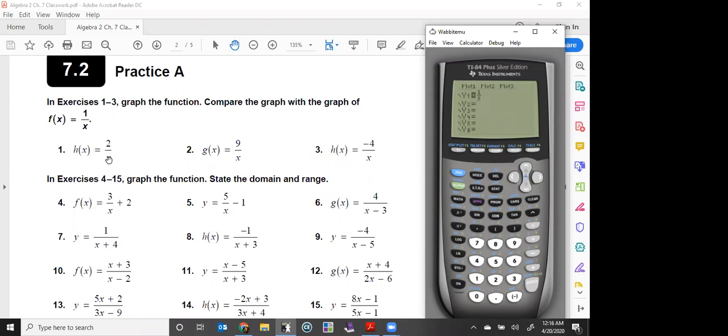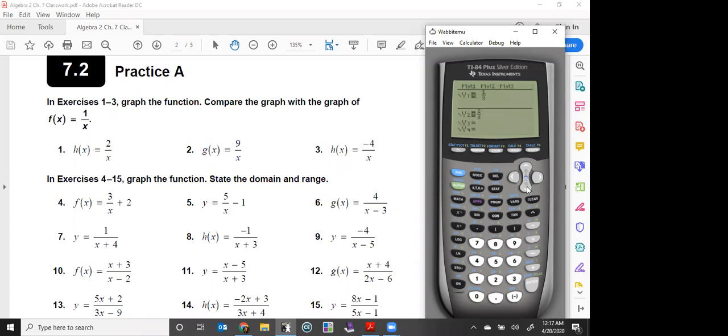Well, let's graph number 1, which is 2 over x. So alpha y equals, enter 2 over x. Graph. All right. So it looks very similar. It's just out a little bit further. So for number 2, what we see is a vertical stretch, stretching it by 2.